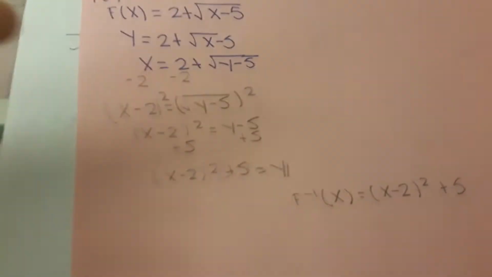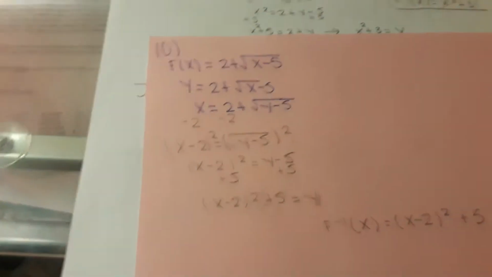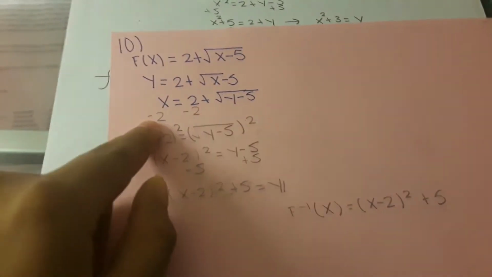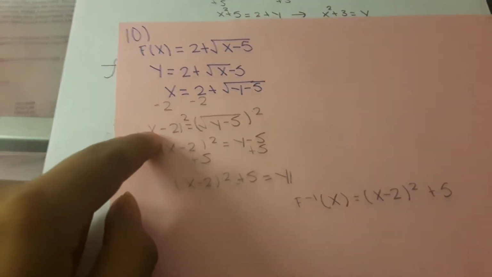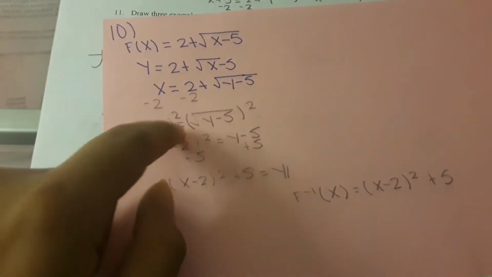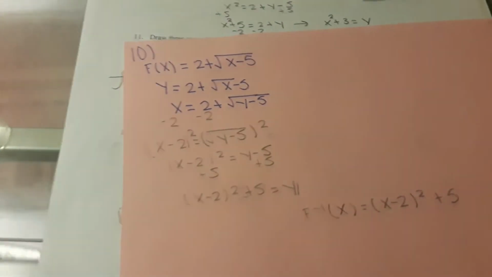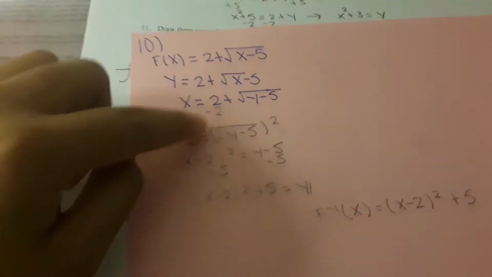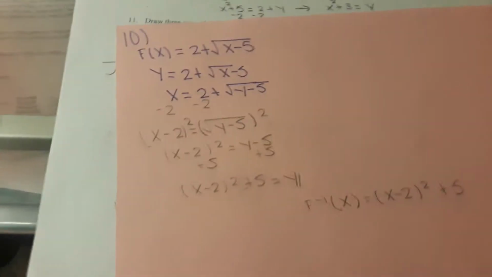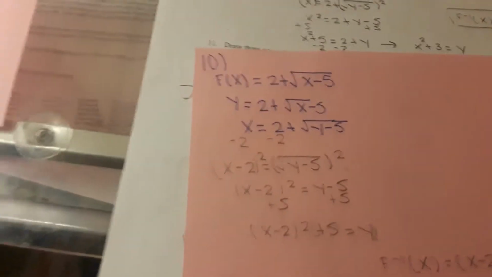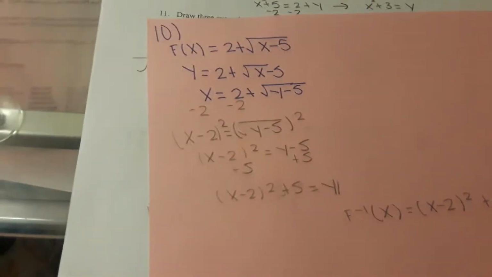But here's how to find the right answer. When you have already subtracted 2, you are left with x minus 2, which equals the square root of y minus 5. Again, the opposite of square rooting is to square the equation.